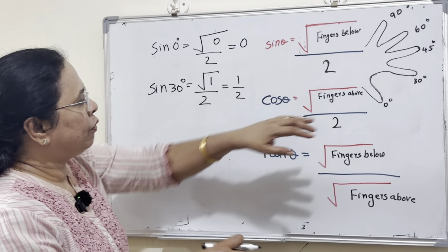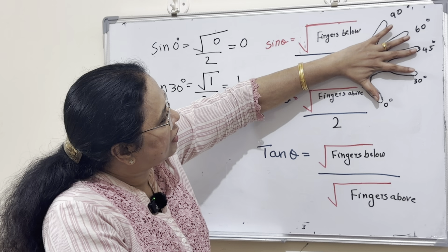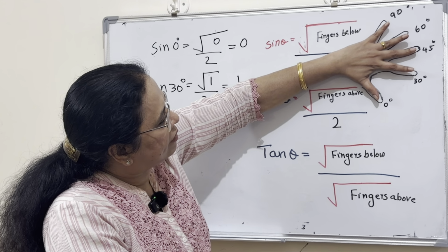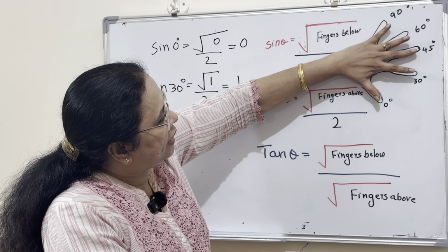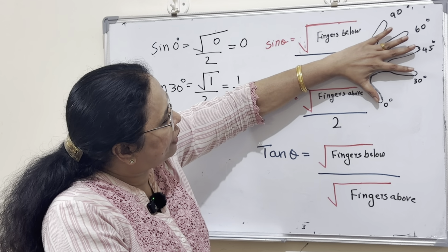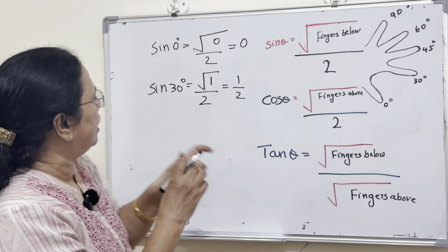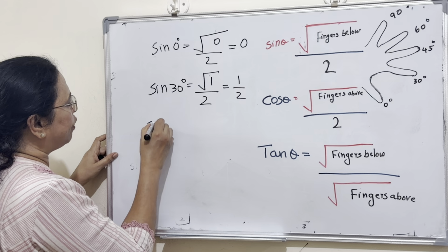Now, let me go for sine 45. My middle finger corresponds to this 45 degree, the third angle, right. Below 45 degree I have two fingers, so fingers below is two.